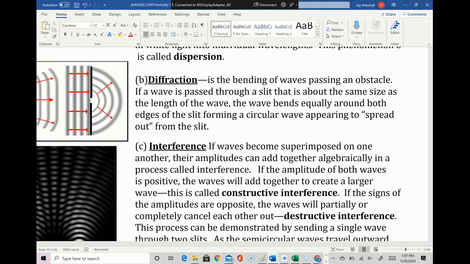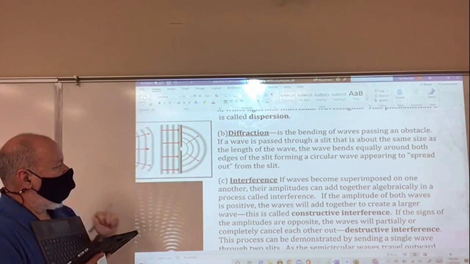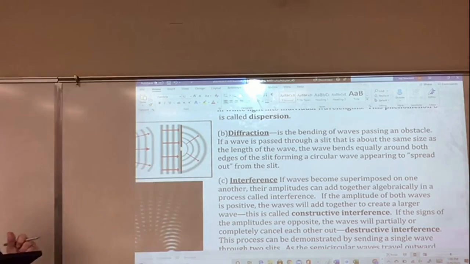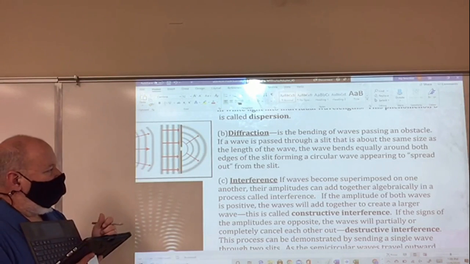So this is a plane wave that smacks the barrier, and the part of the wave that goes through the slit here gets bent around the edges of the barrier, and this is called diffraction.